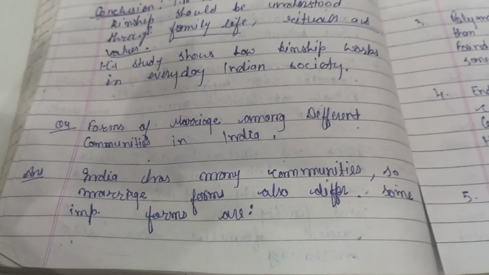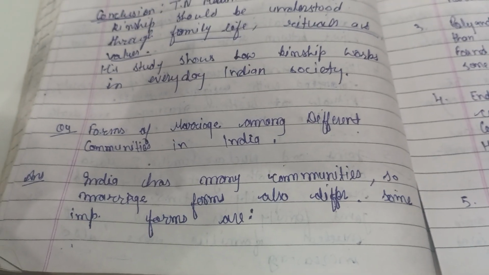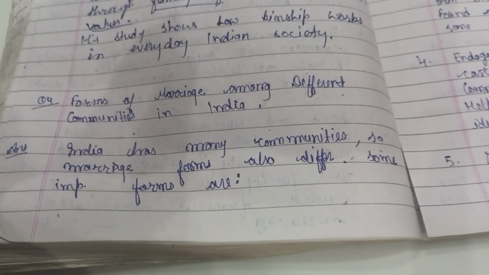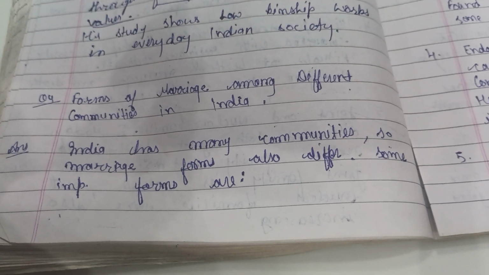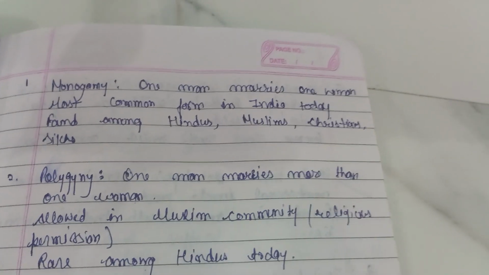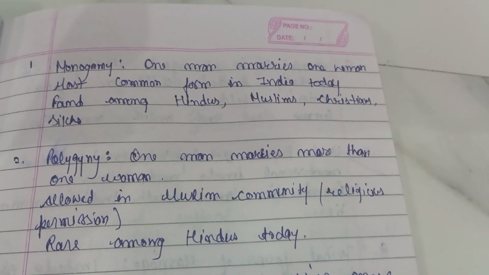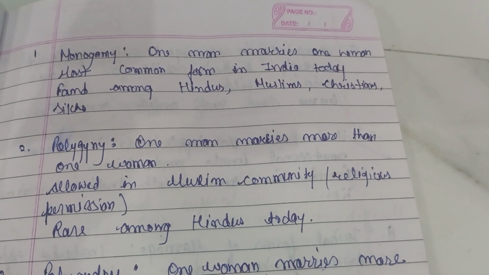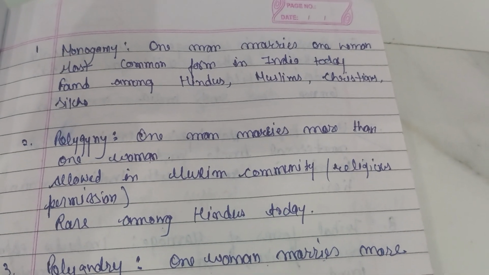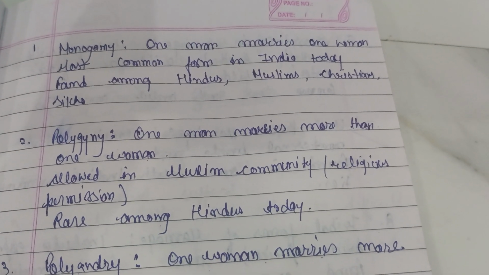Fourth question: forms of marriage among different communities in India. India has many communities, so marriage forms also differ. Some important forms are: Monogamy. One man marries one woman, the most common form in India today, found among Hindu, Muslim, Christian, Sikh.